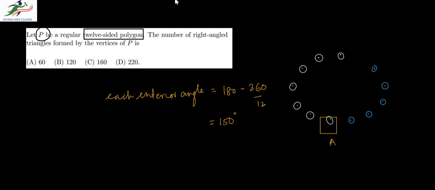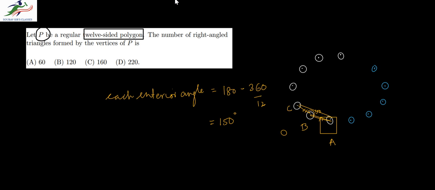So let's start with A. Now if I name this point B, A makes 0 degree with point B. Now come to point C. With point C, we know that the angle B is 150, and if I join A and C, the two sides of this triangle are equal. They're the sides of the polygon.